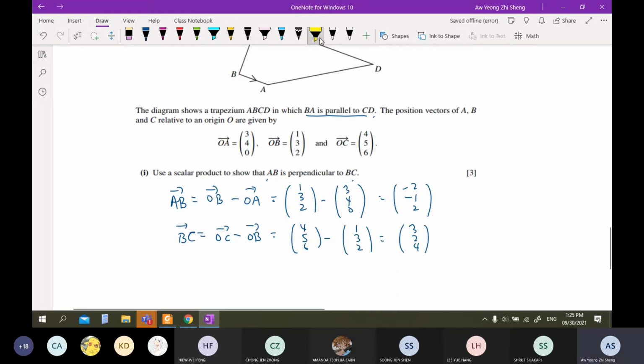I will advise you to write AB dot BC before you sub in the numbers, so that people will know that you are actually dotting these two vectors.